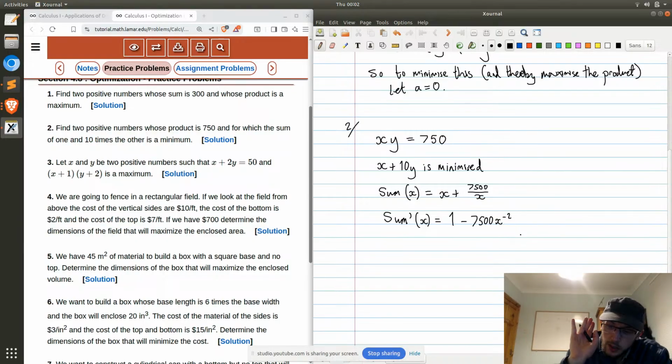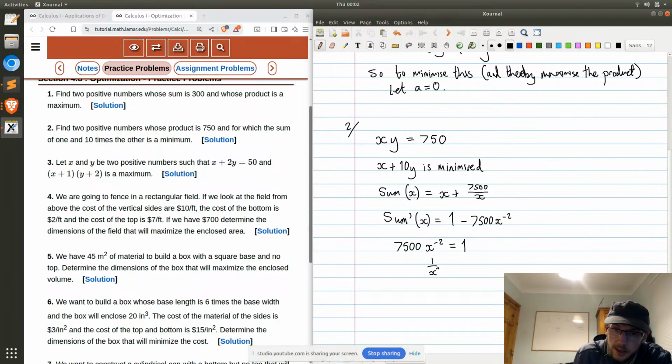And what is it that you want? You want to know critical points of that, don't you? Right? So, set it equal to 0. Or rather, set them equal to each other.